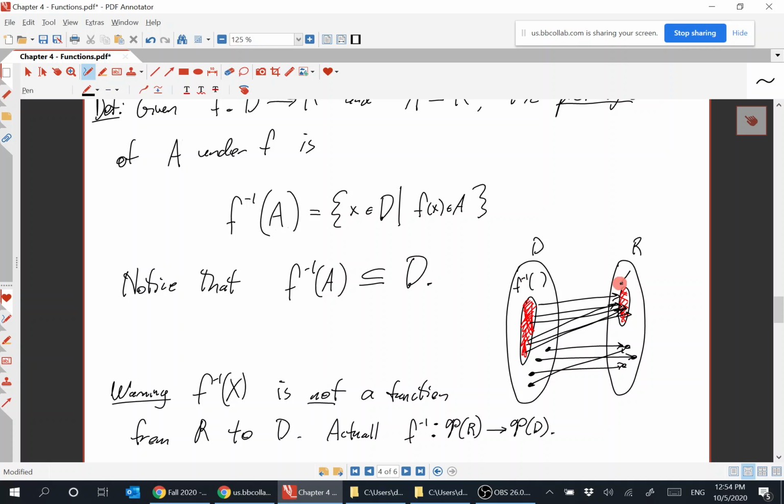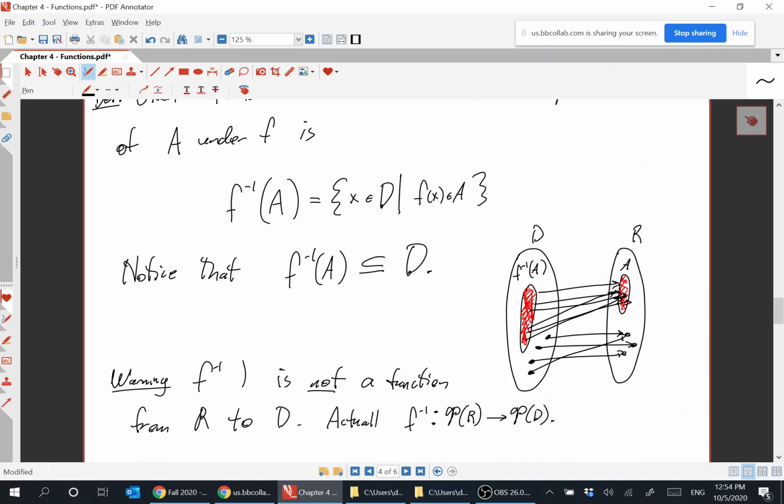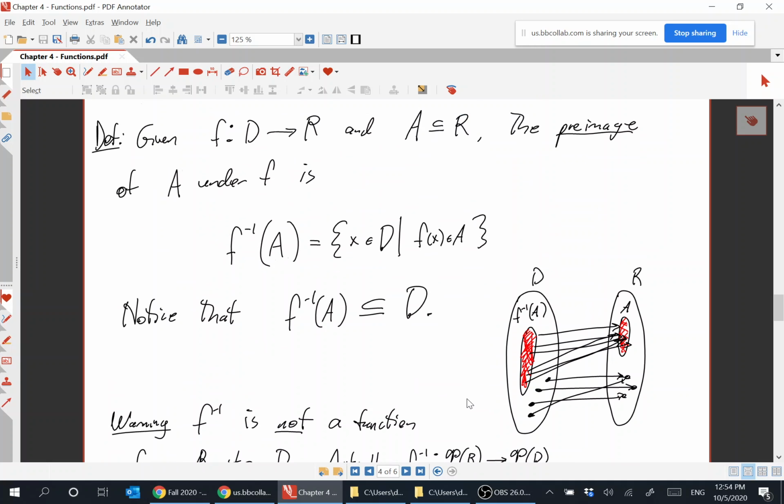So this is A, and this is preimage A. And f inverse is not a function from the range to the domain. It is actually this.